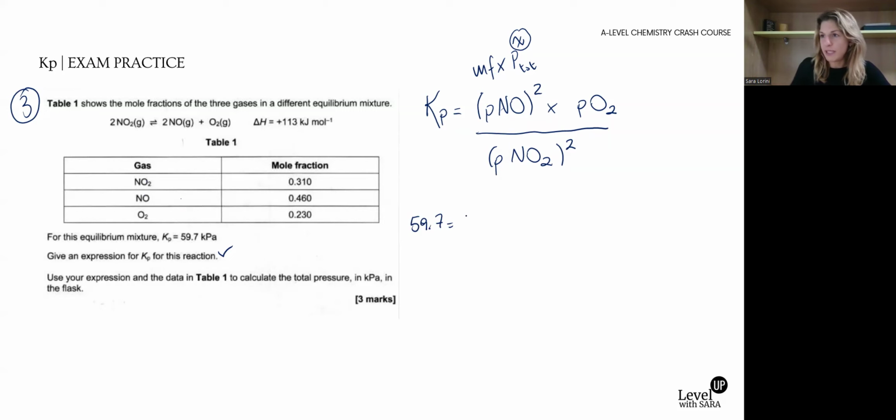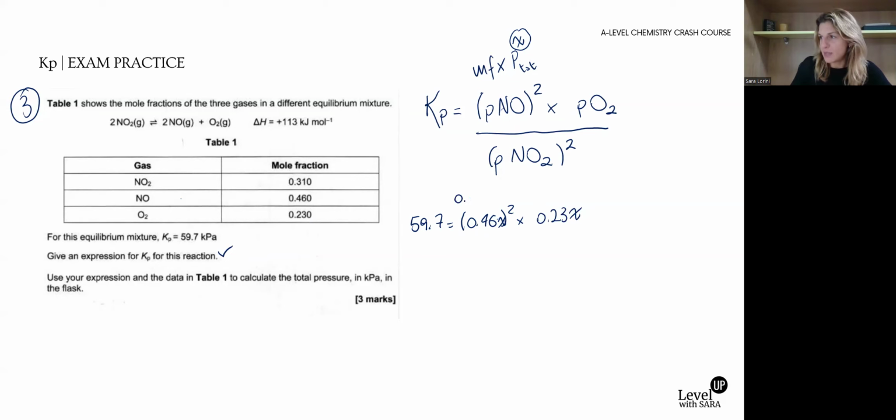59.7, will be equal to the mole fraction of NO, so 0.46, I'm going to write it like this, 0.46x to the power of 2, times by 0.23x.